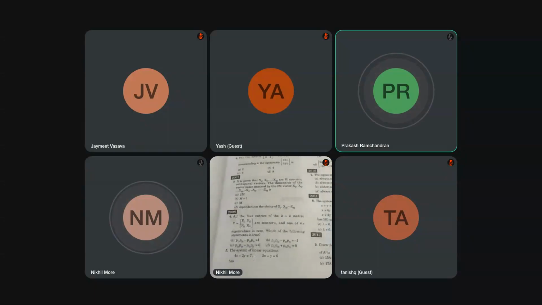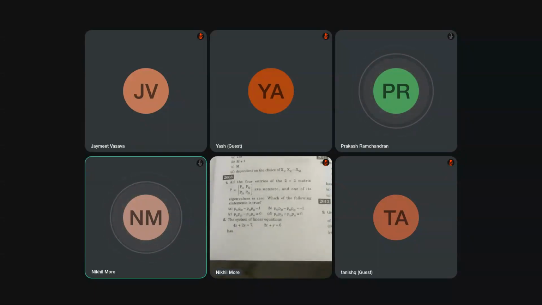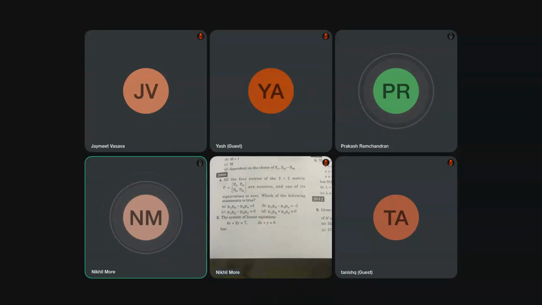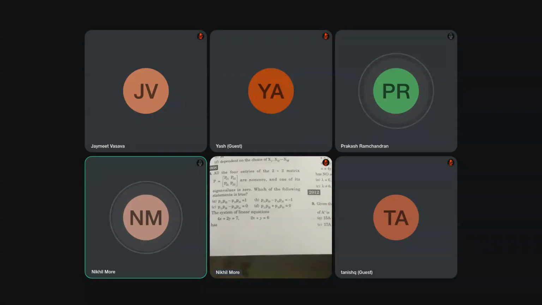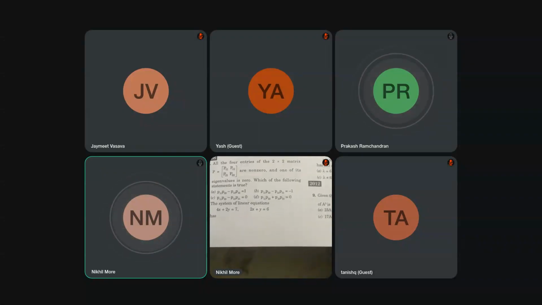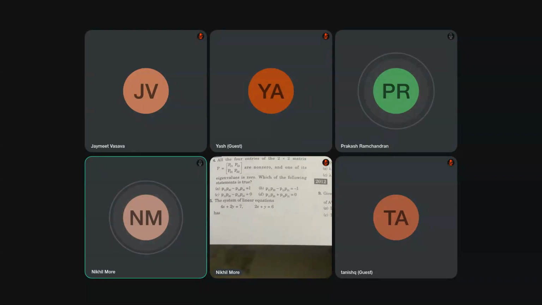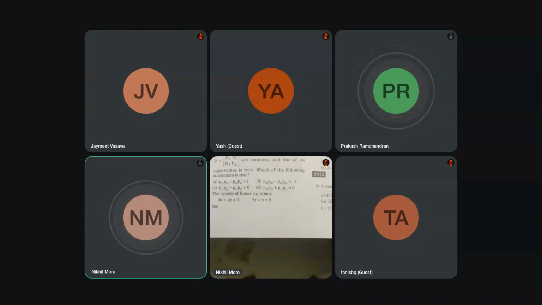Fourth. All the four entries of a 2 by 2 matrix, P11, P12, P21, P22, are non-zero, and one of its eigenvalues is 0. So which of the following statements is true?